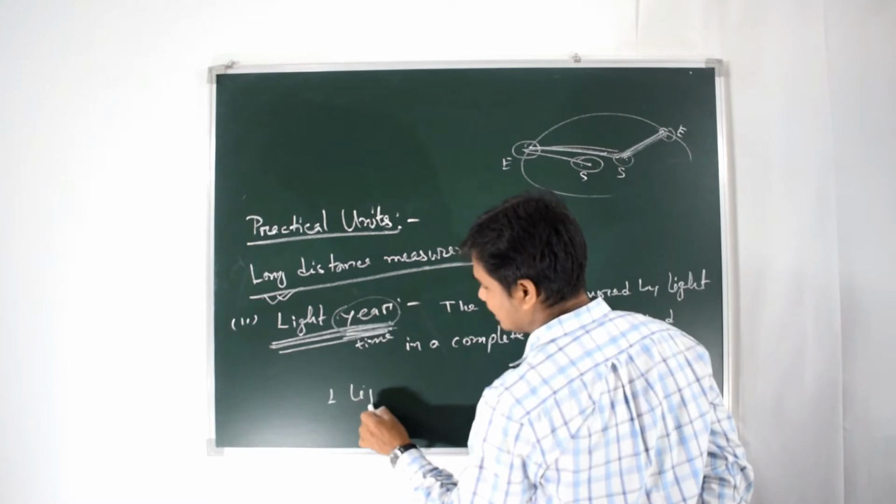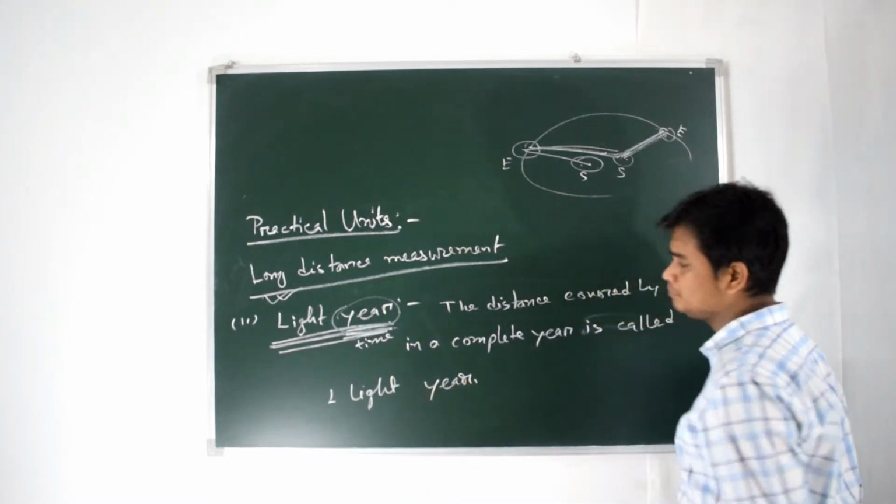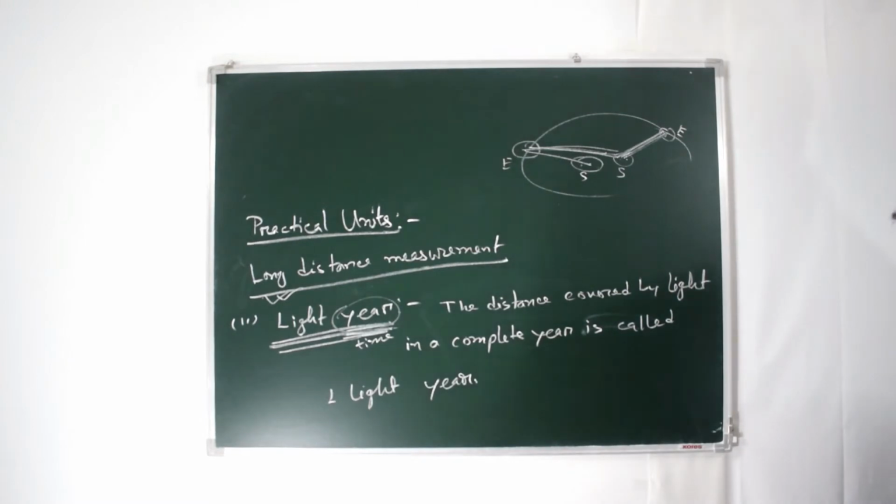The distance covered by light in a complete year is called one light year.